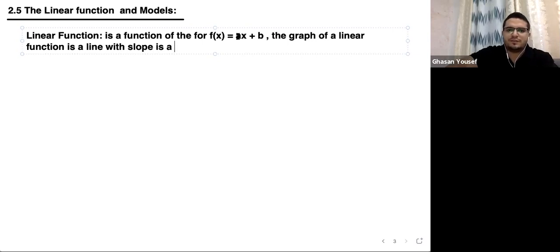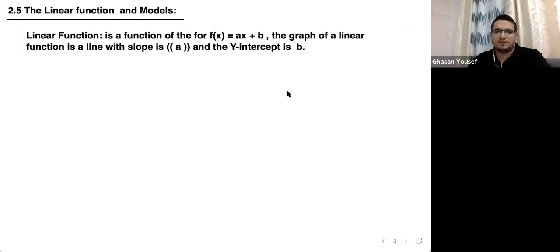This is my slope. You can define it as m or a. So my slope is a, and the y-intercept is this point, b.